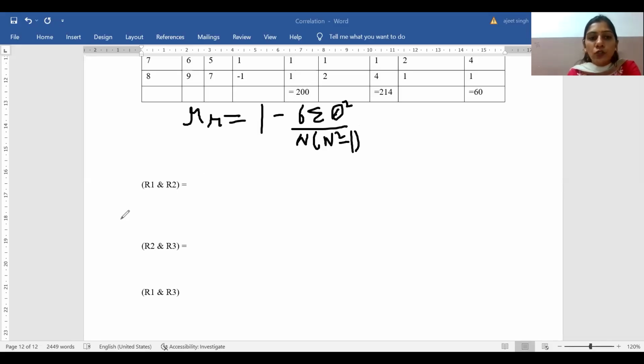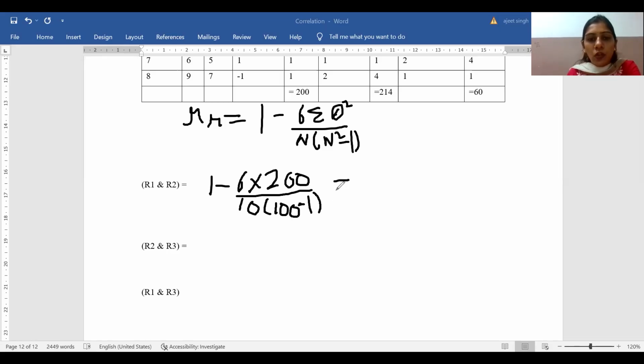Now let's first solve for R1 and R2. So 1 minus, the difference of R1 and R2 is 200. So let's put 6 multiply by 200 divided by n is 10. 10 into 10 whole square is 100 minus 1.